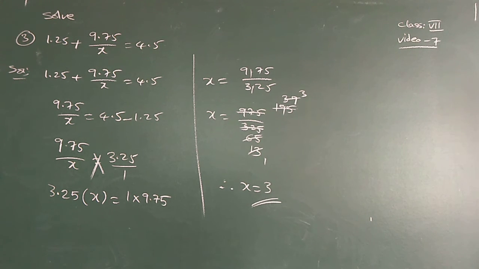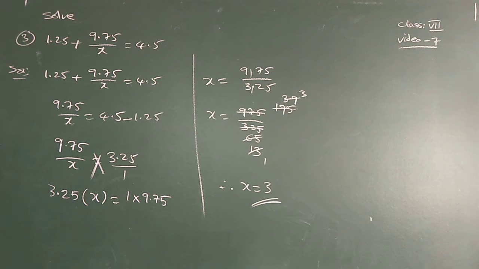By transposing 1.25, first 4.5 minus 1.25, we get 3.25. The difference of 4.5 and 1.25 is 3.25. The left side is 9.75 by x, so 9.75 by x is equal to 3.25 by 1. By cross multiplying, x into 3.25 is equal to 1 into 9.75, that is x is equal to 9.75 by 3.25. There are two digits after the decimal point in 0.75 and 0.25, so I eliminated the decimal point.